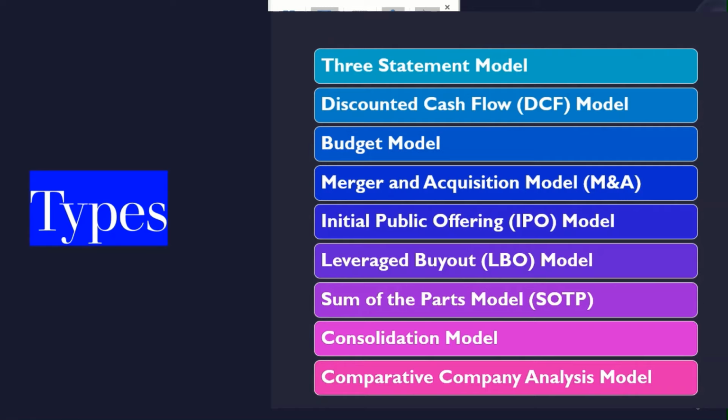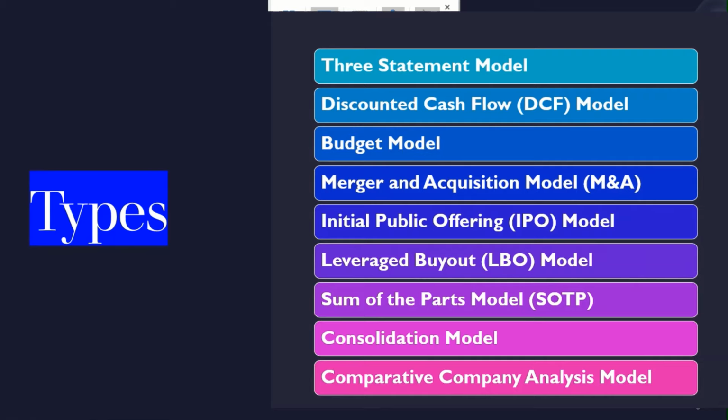The other important model for global business, for global companies, is the consolidation model. When a company has multiple affiliations, I mean several subsidiaries, a company may go for this kind of model, which is the consolidation model.